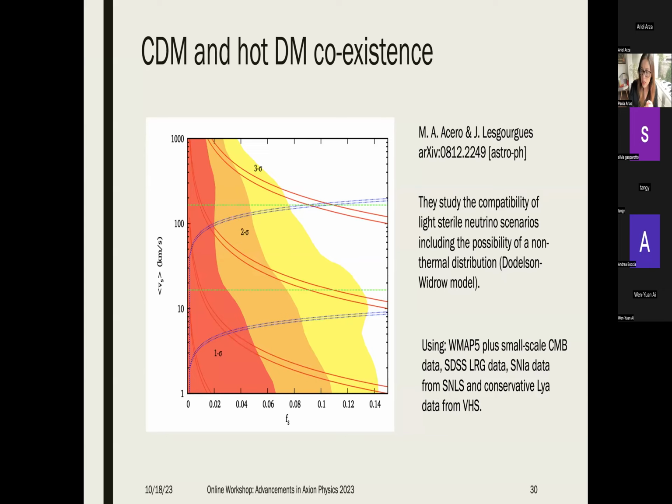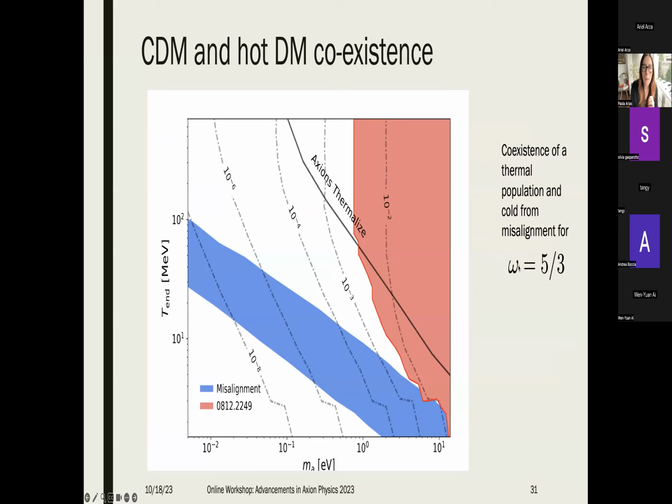This is the band where the axion explains the cold dark matter abundance from the misalignment mechanism in a cosmology with this parameter. And the lines here show the relic abundance of a thermal or subthermal population of hot axions.